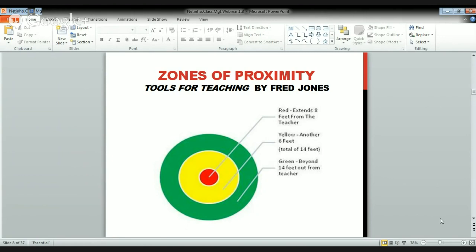Then there's the green zone. This is the danger zone, because green is the goof-off zone. The students in the green zone are sitting far away from you, and you probably cannot easily see them unless you've got a very small class. So the green zone is where students are most likely to be talking, fooling around, disruptive, and just generally off task. Next slide, please.